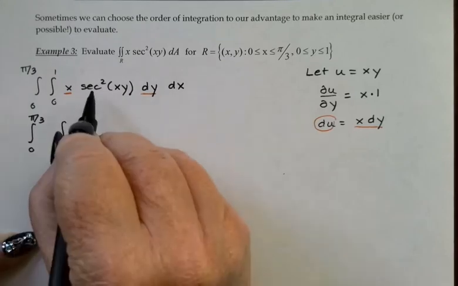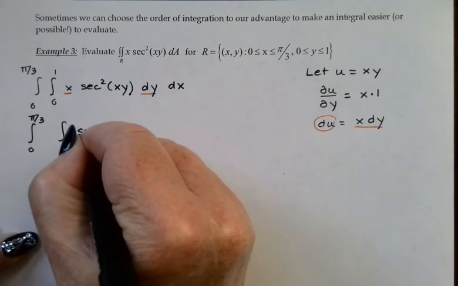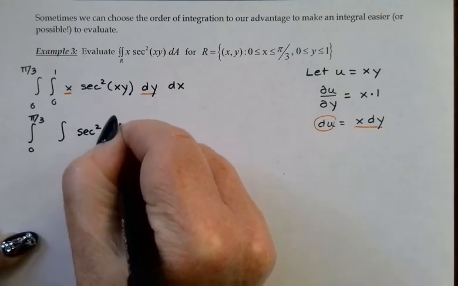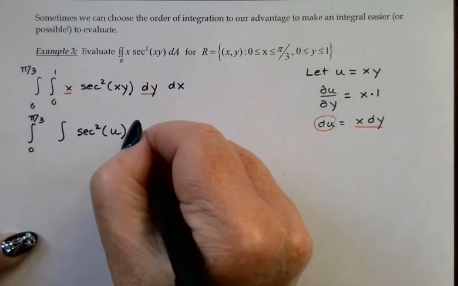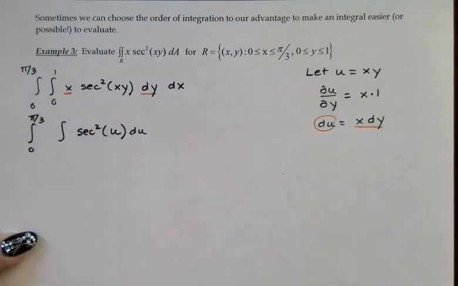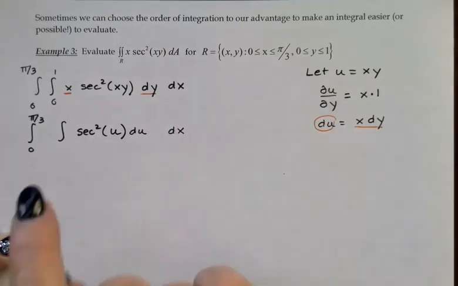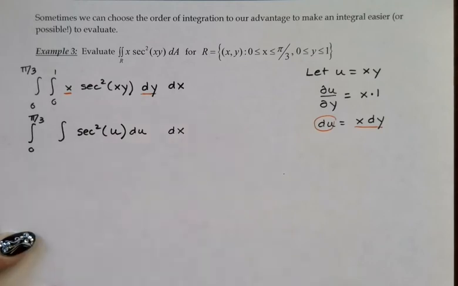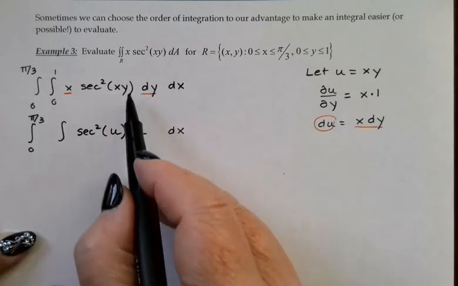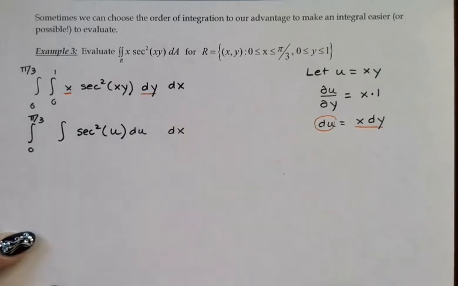And now my inner integral becomes the secant squared of u. And instead of x dy, I'm going to put in the du. I still have this dx out here, again, saving it for later. Notice I'm not going to put limits of integration in right now. I'll put them in later. They refer to the y variable, and I don't have a y variable right now, so I don't want to use them at the moment.